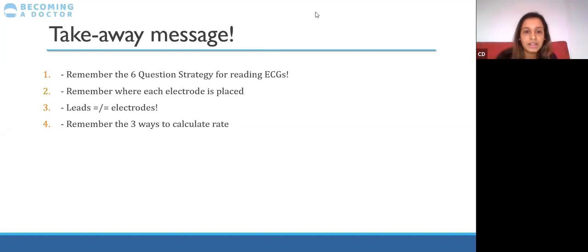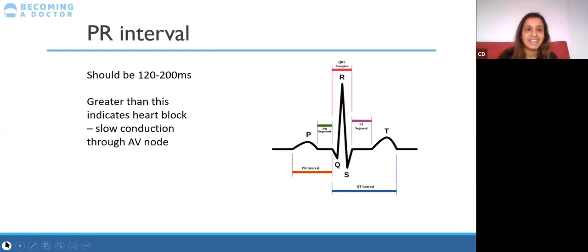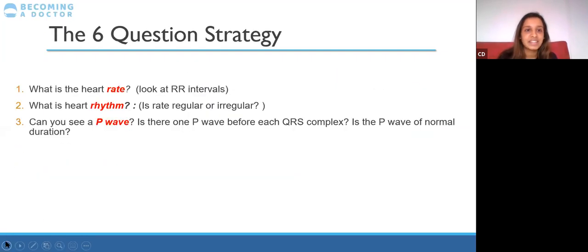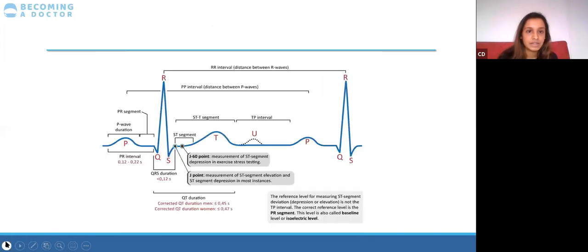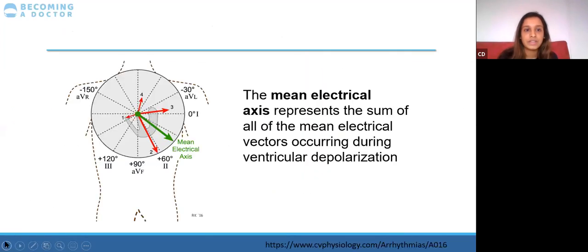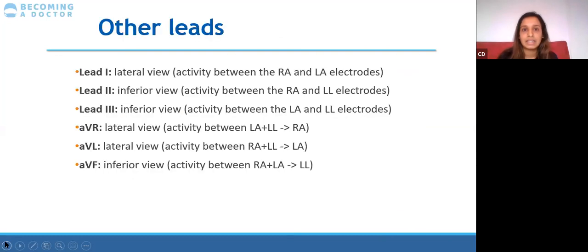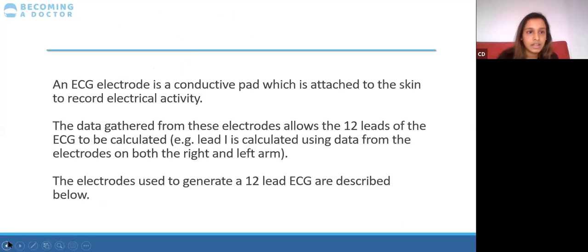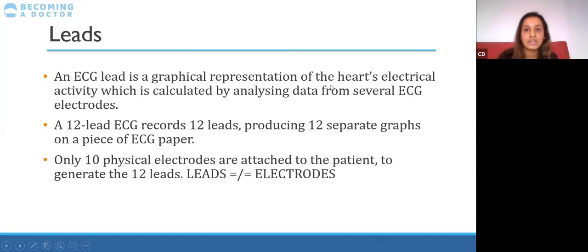So I'll go back and answer the what is the difference between leads and electrodes question first. That's right at the beginning of my lecture. The difference is that the electrode is the physical little pad that you stick onto the person. And the lead is the graphical representation of the electrical activity, but that's calculated using a number of different electrodes.